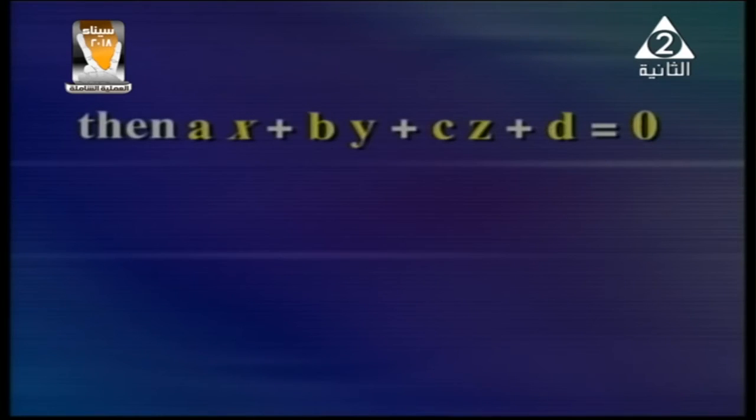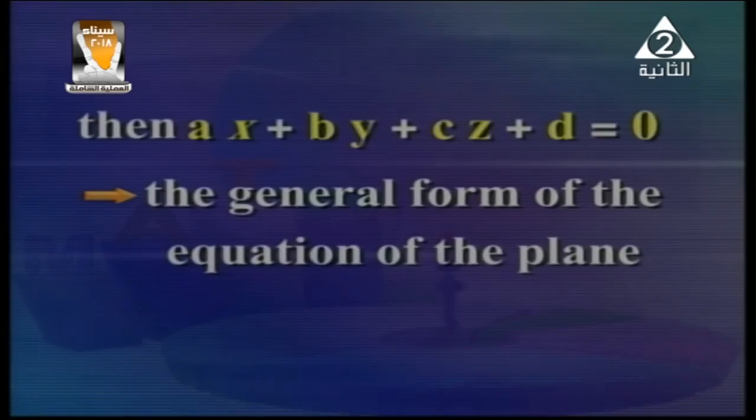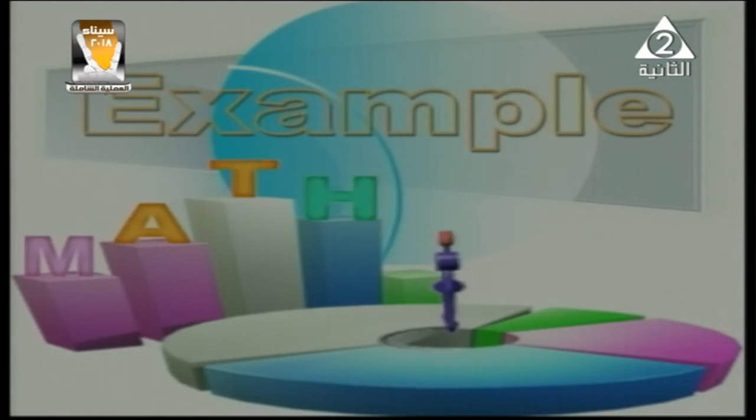Then we deduce ax plus by plus cz plus d equals 0, which is called the general form of the equation of the plane. Remember, dear student, the general form of the equation of a plane is ax plus by plus cz plus d equals what? Equals 0. Now we move to an example to clarify how to use the general form of the plane.